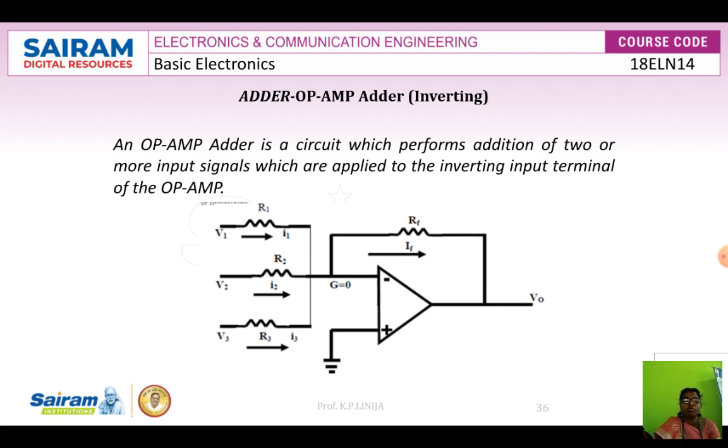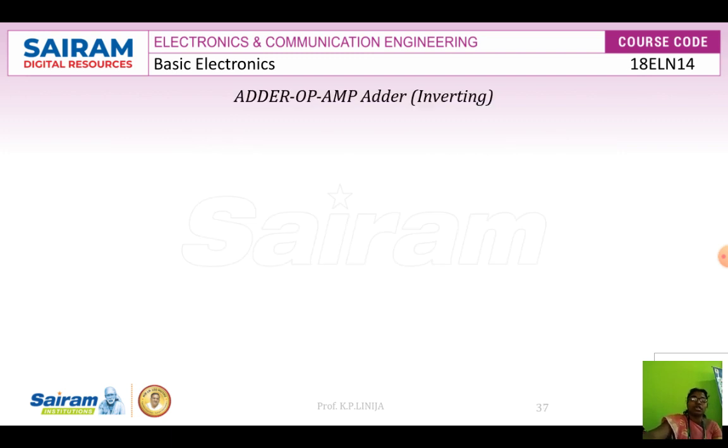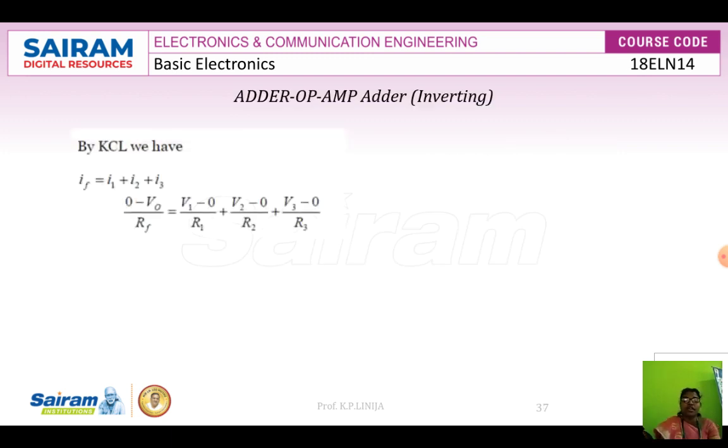Therefore I2 is VA minus V2 divided by R2, and in the same way I3 is VA minus V3 divided by R3. In such cases, we know that VA is 0, so we get V1 minus 0, V2 minus 0, V3 minus 0.